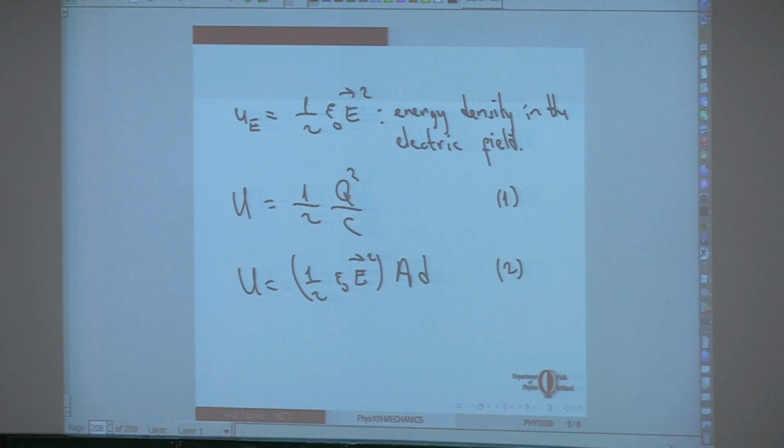Later on we will see that it has its own momentum. So that's why, in fact, we are defining this energy density, because it's a property of the electric field, not the charges. It will have linear momentum. It even has angular momentum. That angular momentum you will be studying in your third year, but linear momentum we will be discussing.